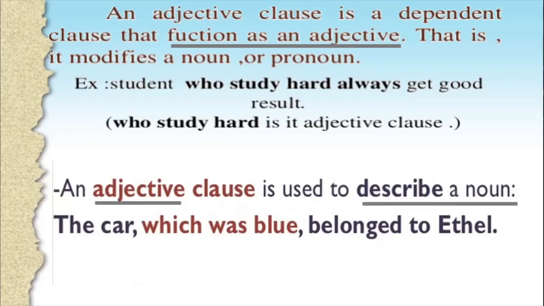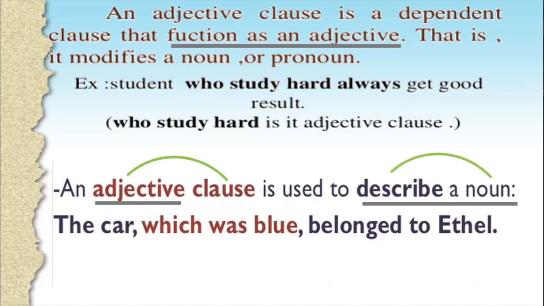An adjective describes the noun, isn't it? When we learnt about the various parts of speech, we learnt about noun, then adjective, then verb, then adverb, because a noun is connected to the adjective and the verb is connected to the adverb. We learnt that adjectives describe a noun. So here the adjective clause will describe the noun.